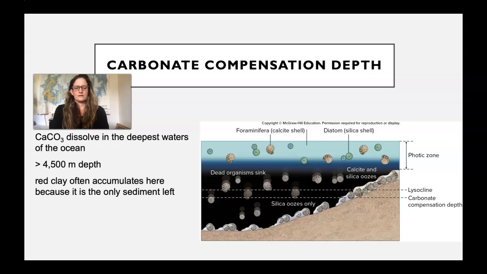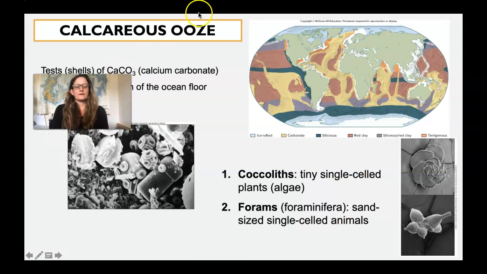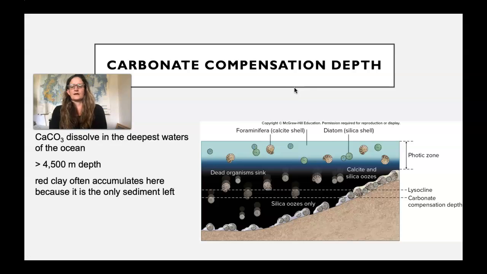So here on the map, notice in these areas that are dominated by yellow, there's patches of red. Those patches of red represent the areas that are deeper than 4,500 meters where the dead carbonate-based organisms and phytoplankton are going to dissolve. They dissolve, and then the clay will dominate, or maybe even the siliceous oozes could dominate.